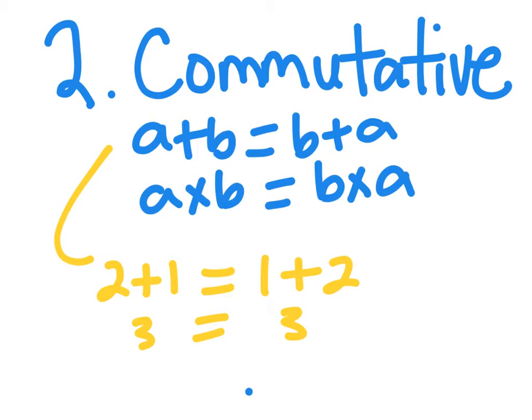If it's A times B, change that to a times sign. 2 times 1 is 2, 1 times 2 is also 2. So in this case, again, the order doesn't matter.